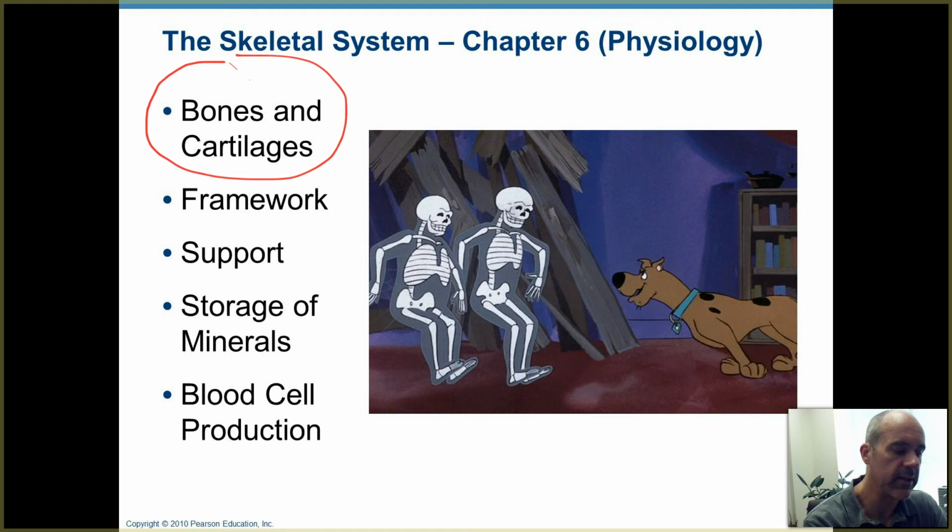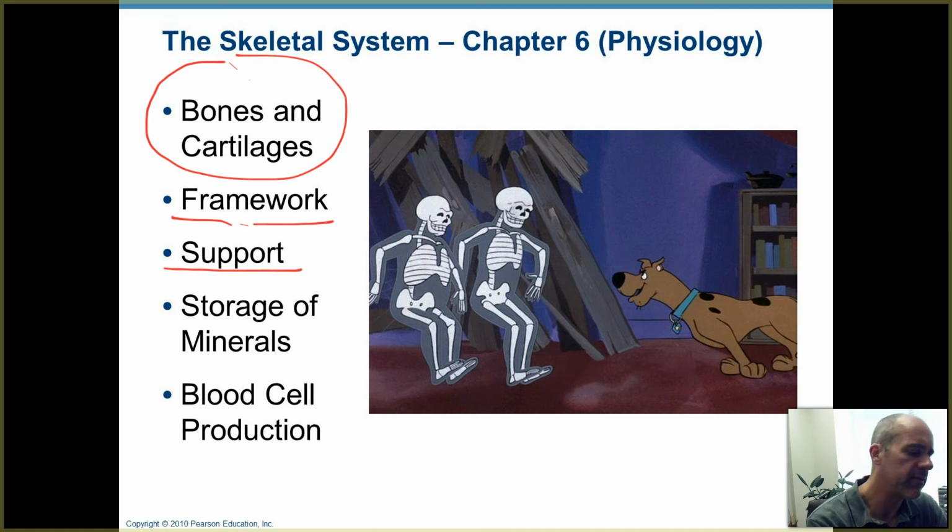Now, not surprisingly, the skeletal system provides you with a framework for the body, support, protection. Your rib cage is protecting all those really important organs in the thoracic cavity. The skull, of course, is protecting that kind of important organ you've got up there in your cranial cavity. So those types of things are pretty obvious.